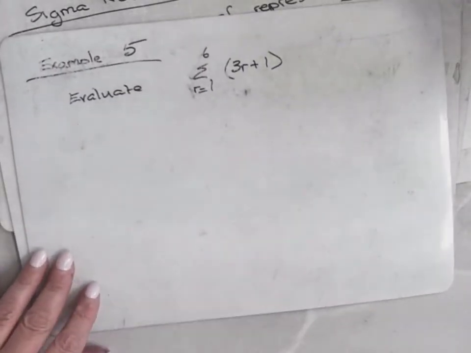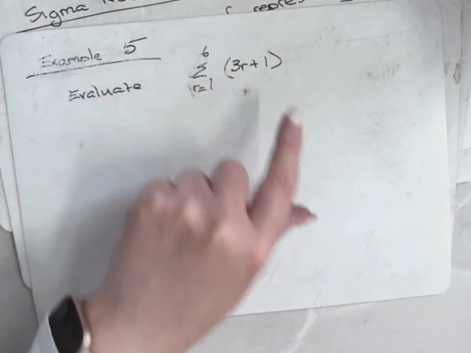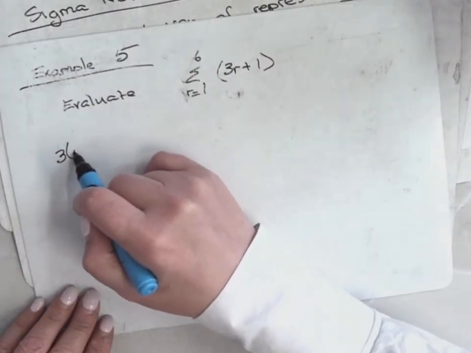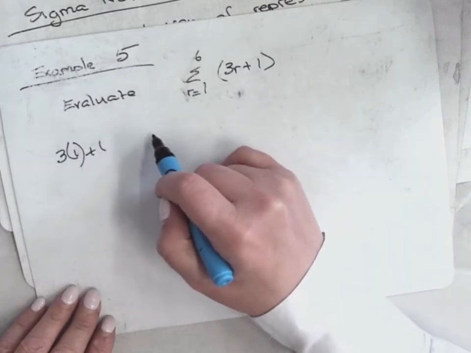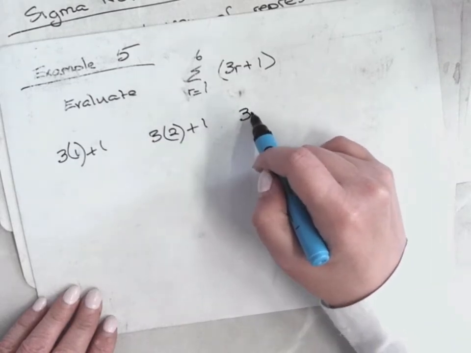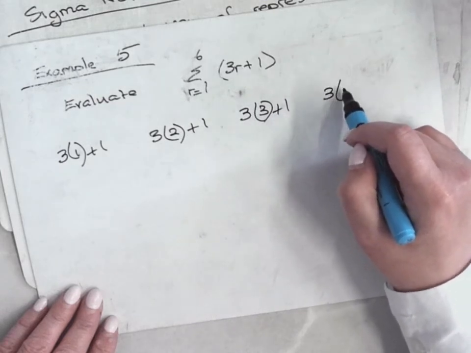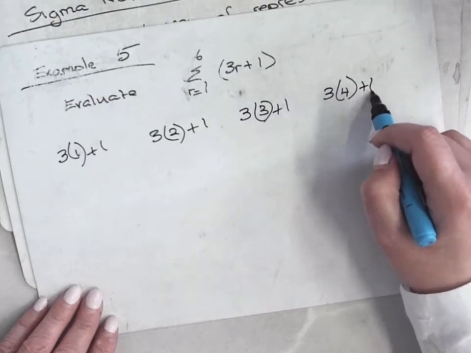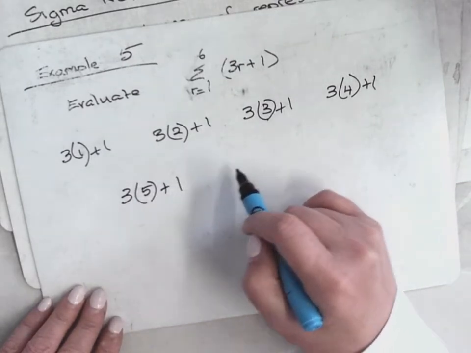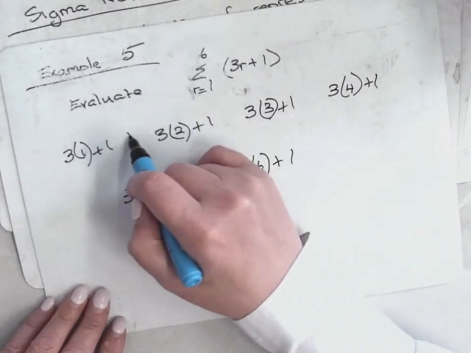Example: evaluate the sum from r equals 1 up to 6 of 3r plus 1. That means put in a 1 for r, then a 2 for r, then a 3, then a 4, then a 5, and then a 6 for r, and the sum of means you add all your answers.